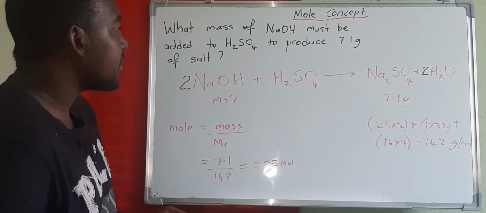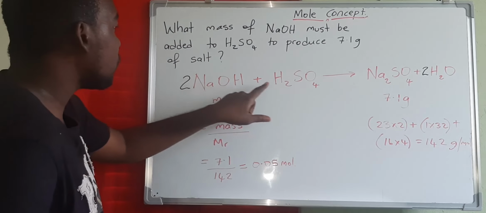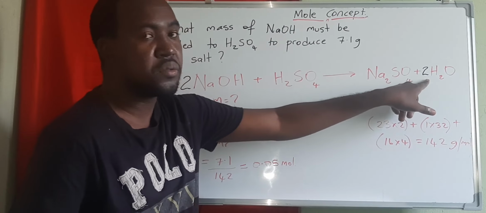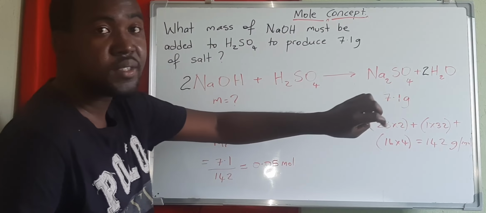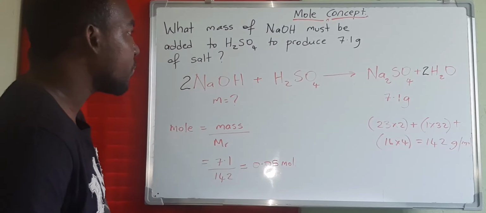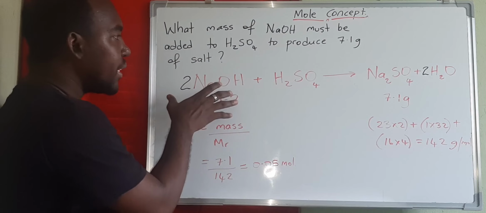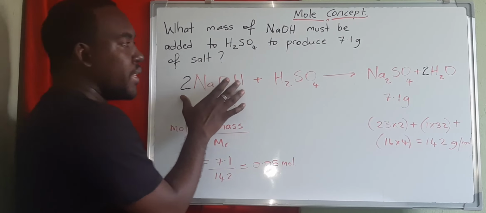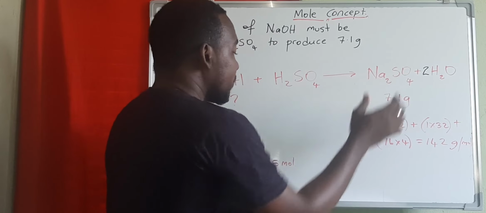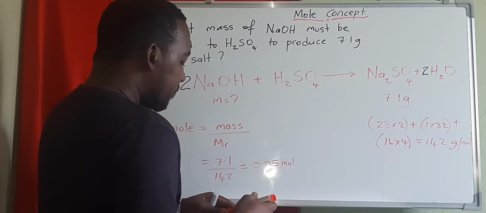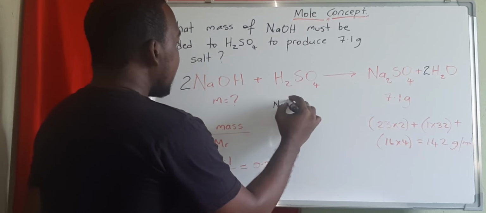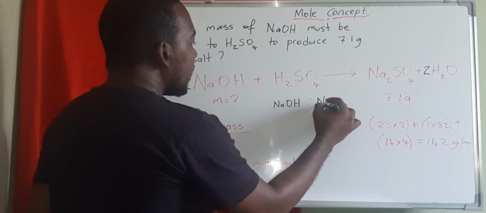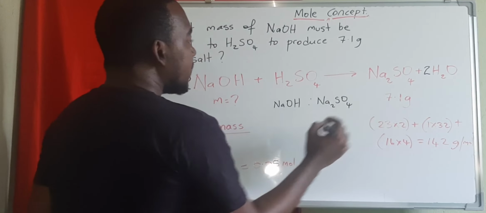So that is saying instead of the 2 to the 1 to give us 1 and 2 moles, from our experiment, it was produced 0.05 mole, right? So we're going to make the link between what we want to find and what we have found, right? So the relationship, so we go with NaOH to Na2SO4, right?